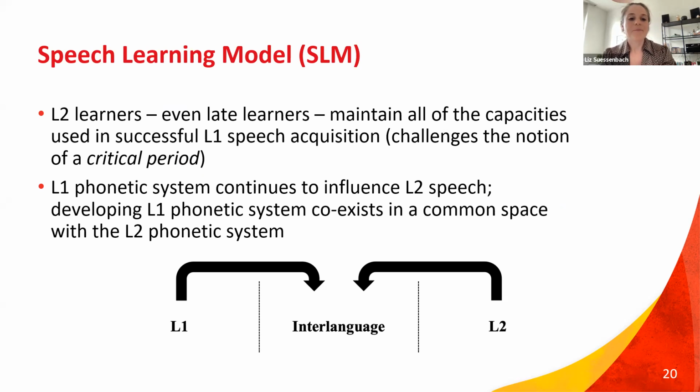So developing the L2 phonetic system along with the already existing L1 phonetic system means that both of them will exist in a common space that then forms the interlanguage. So the L1 influences the L2, but the L2 also influences the L1.